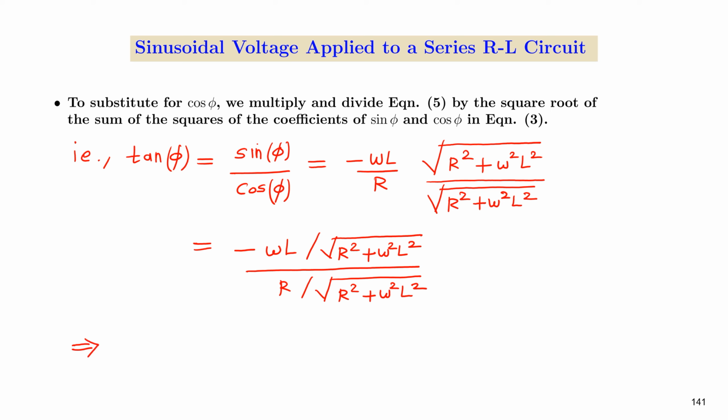From where we'll get cos phi as equal to r over square root of r square plus omega square L square.